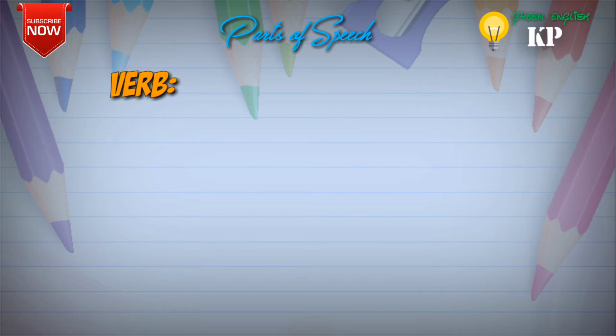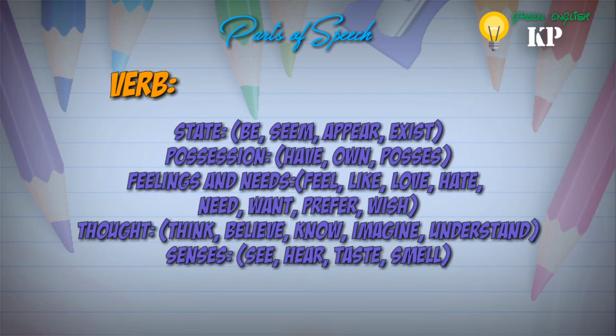Examples of non-action verbs. Non-action verbs that express a state of being: be, seem, appear, exist. That show possession: have, own, possess. That show feelings and needs: feel, like, love, hate, need, want, prefer, wish.